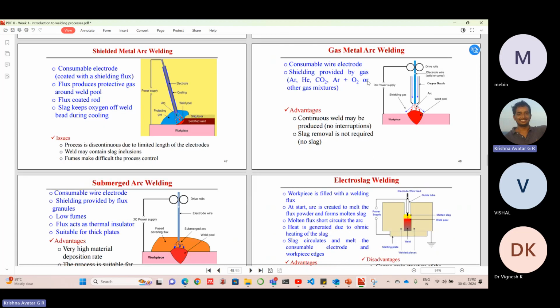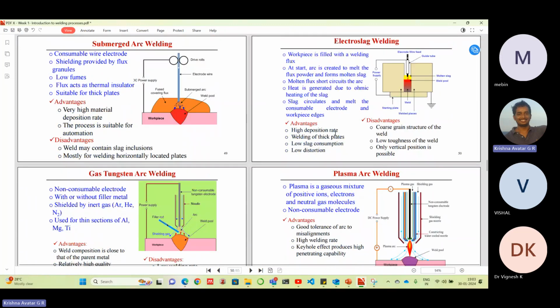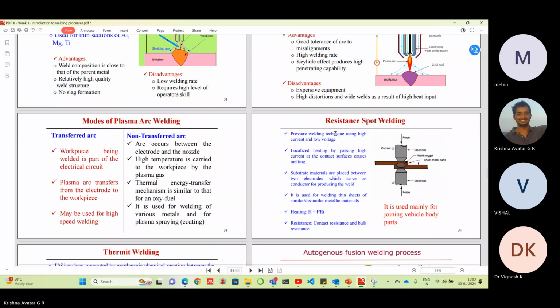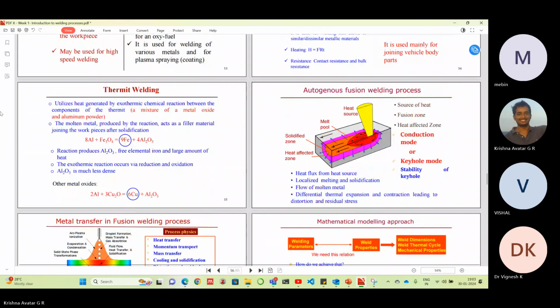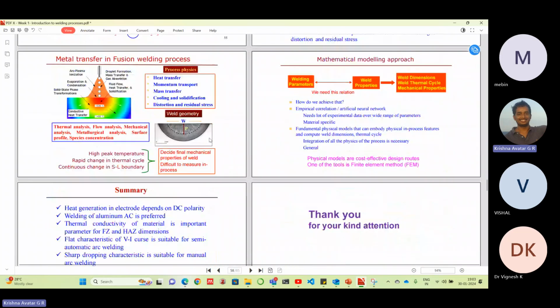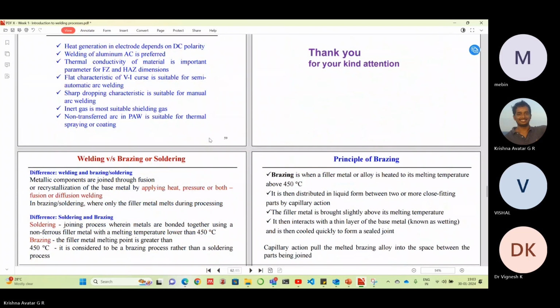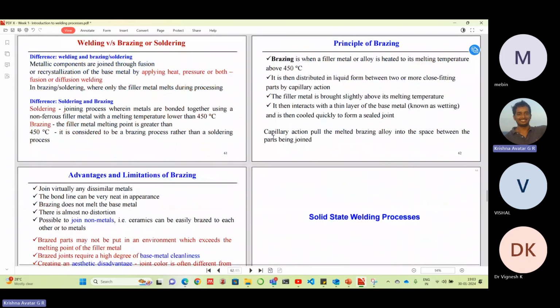And then gas metal arc welding. There are certain more different types of welding. Let's go through it, and then we'll discuss some of them. And let's start with welding and brazing or soldering approaches.